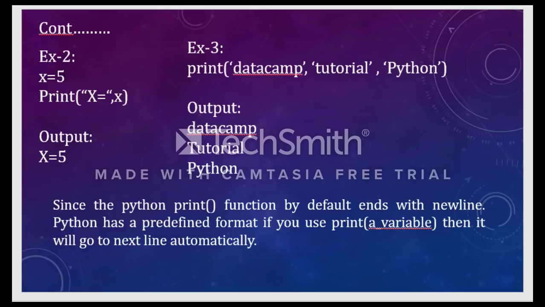If you give a float value, x is equal to 5.0, then based on the value 5.0, which is nothing but a float value, x automatically becomes a variable which stores a float value. As simple as that.